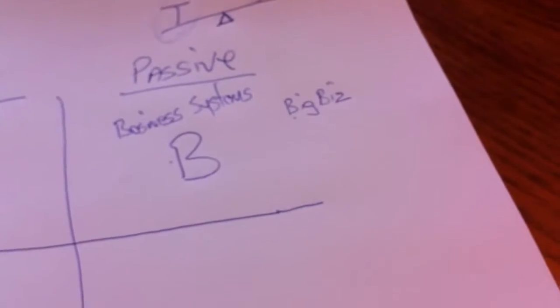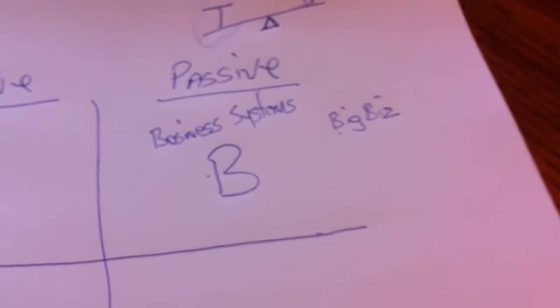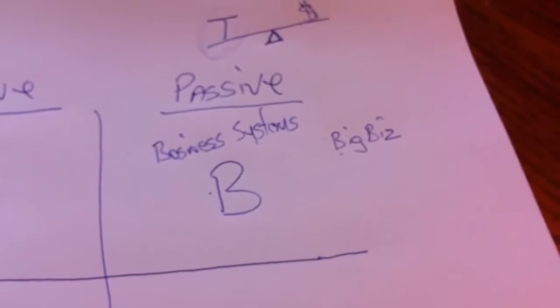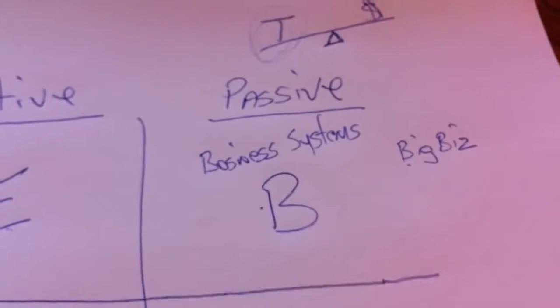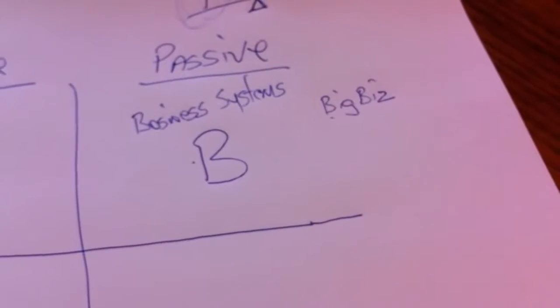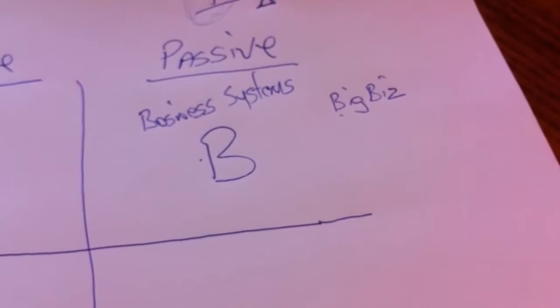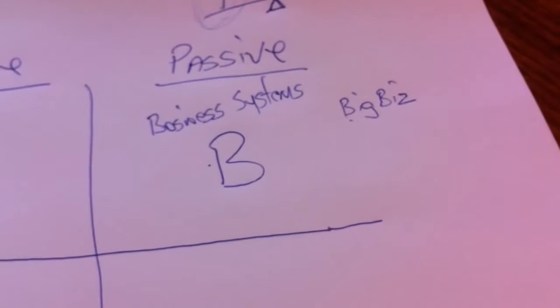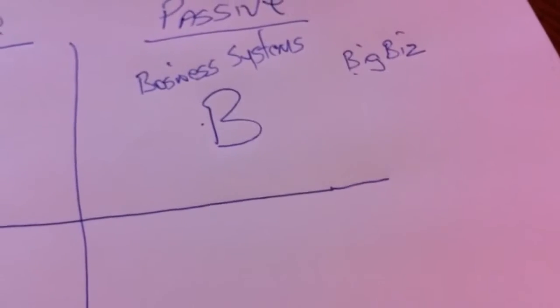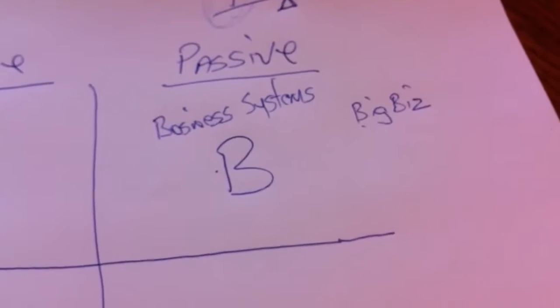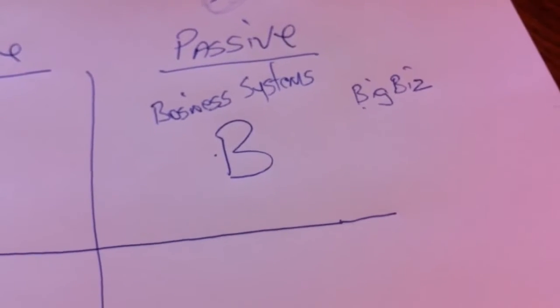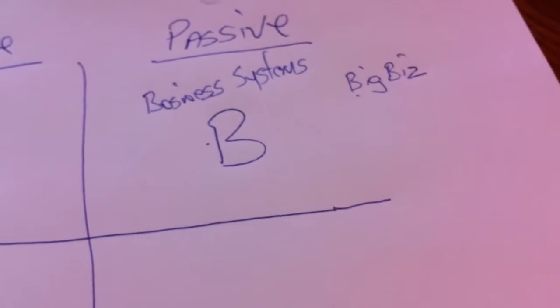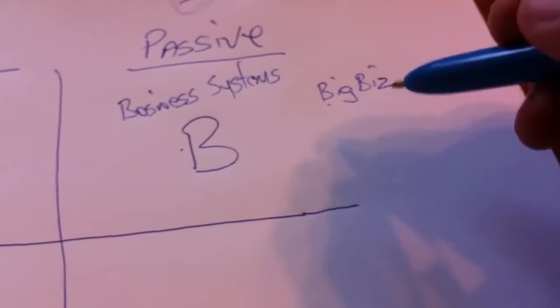Big business is when you develop a humongous mega business, like the person that started Dell Computer, Michael Dell. That's a big business. So he has a business system in place that pays him a passive income. People like Bill Gates, who started Microsoft. People that have been around a long time and started big businesses, those have business systems in place. The second area in business is franchise.